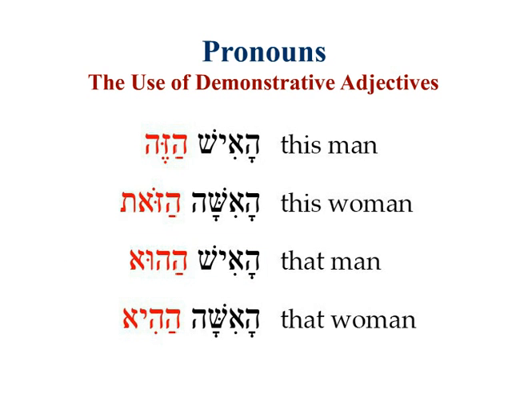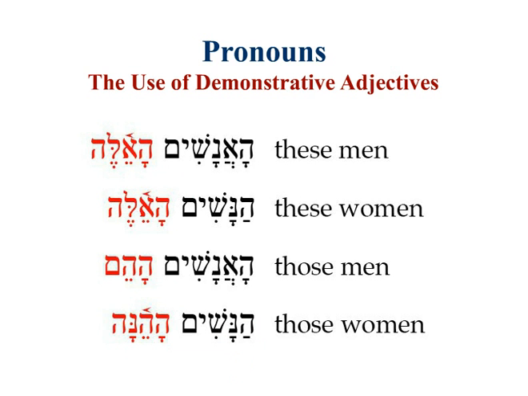Look at the fourth example. Ha'isha hahi, that woman. The noun is feminine singular, the demonstrative is feminine singular, and they both have the definite article. The categories of agreement, again, are gender, number, and definiteness.